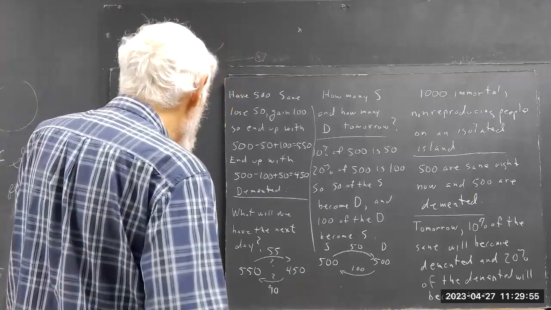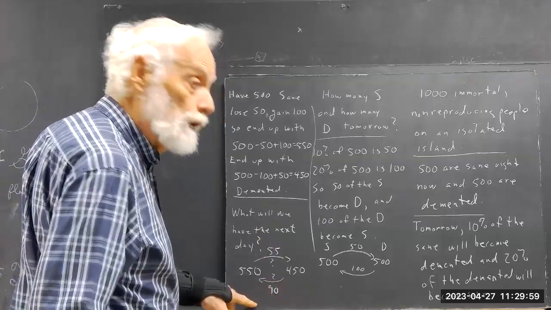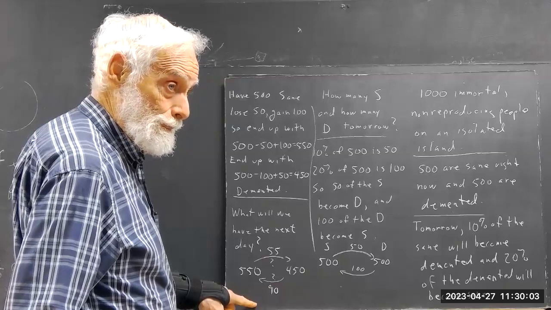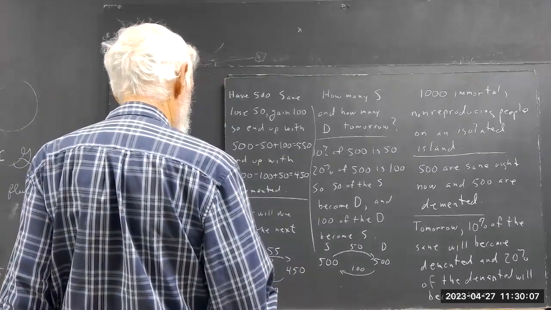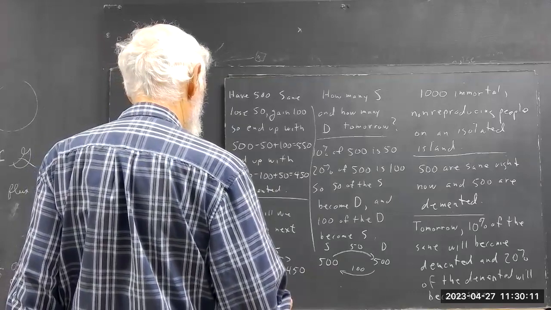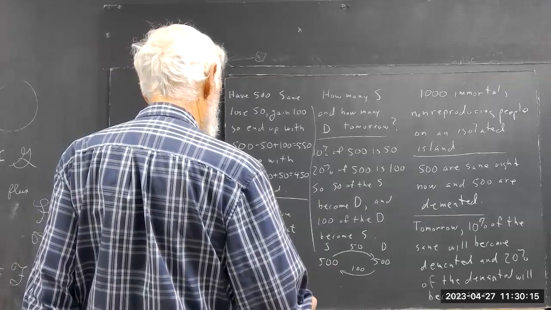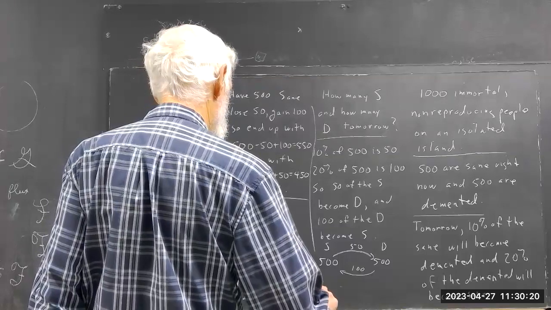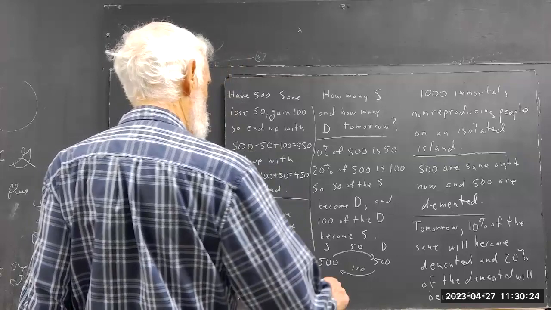So we're going to lose 55, but we're going to gain 90. That's a net gain of 45. So we end up with 595 sane.